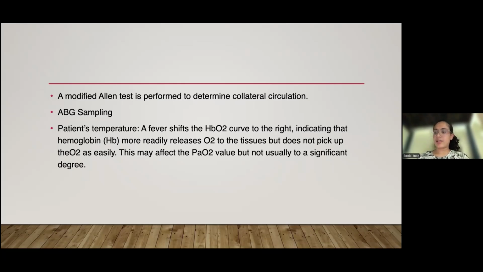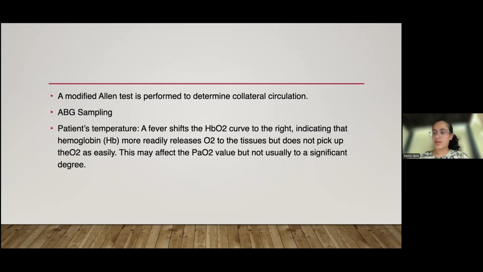Then we clean with an isopropyl alcohol swab, and we should wear gloves, and if needed we can give a local anesthetic. If not, then we take the heparinized syringe, palpate the pulse, and introduce the needle at a 45 degree angle with the bevel tip pointed up.